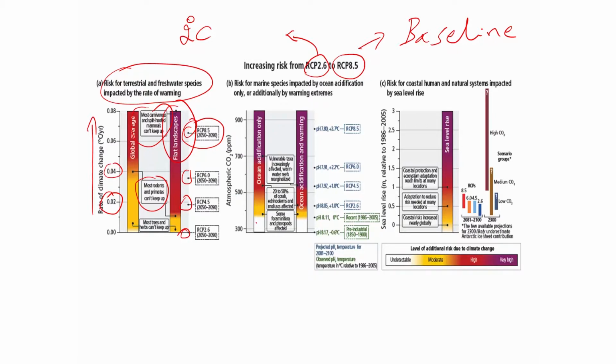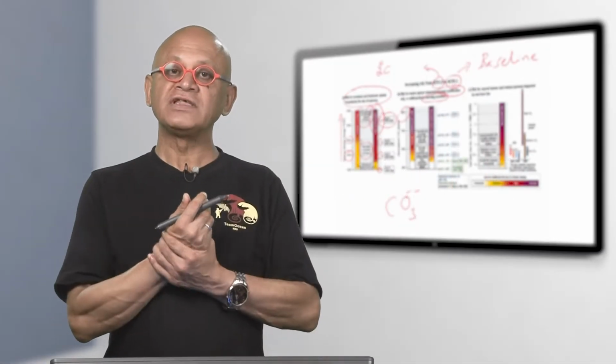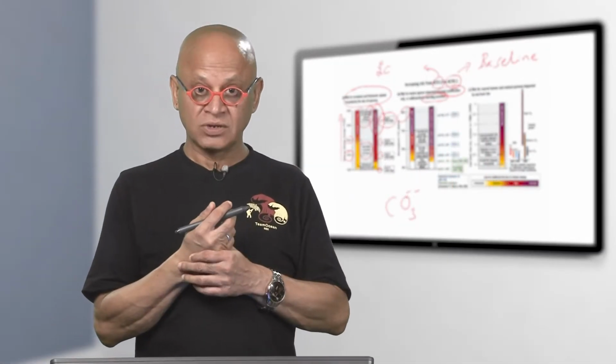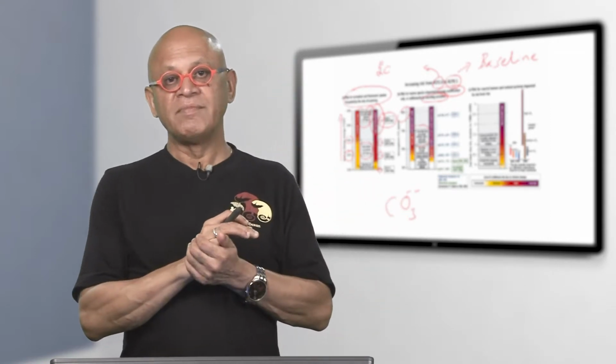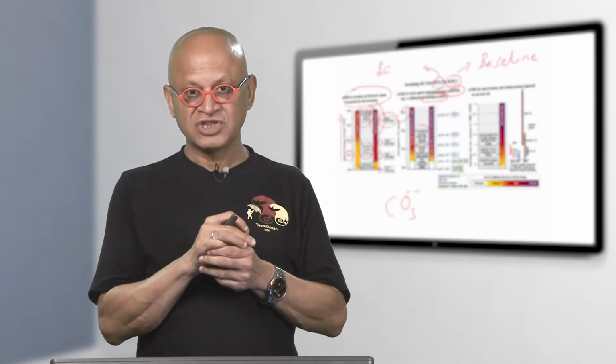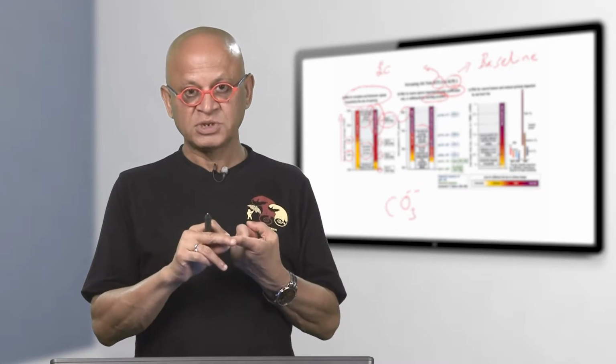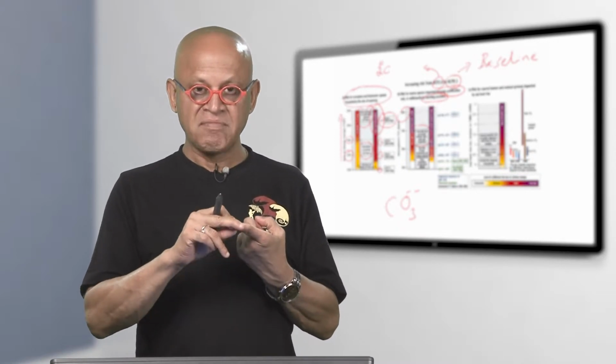So if you consider risks for marine species due to ocean acidification and by warming events. So now we have things like heat waves in the ocean. We only talked about heat waves on land, but now we have examples of massive heat waves in the ocean in the North Pacific, which had huge impacts on fish and mammals.